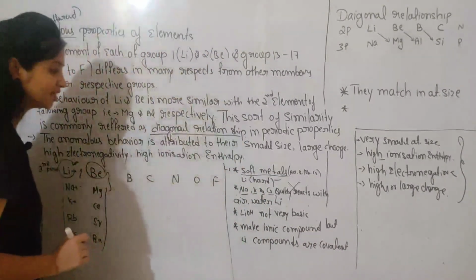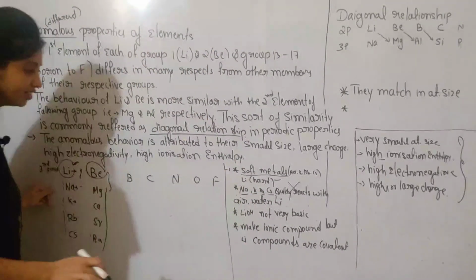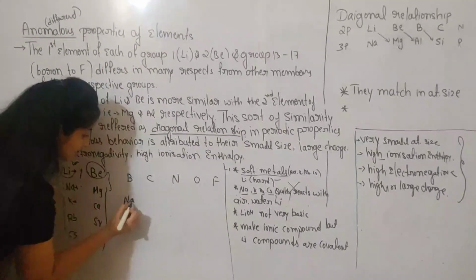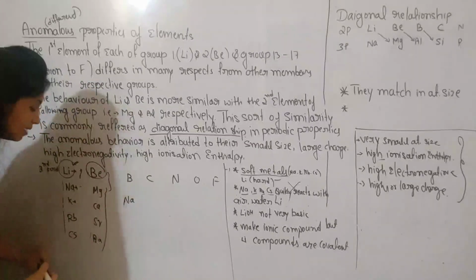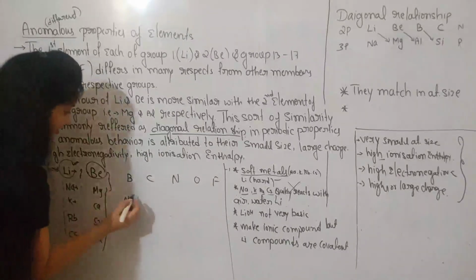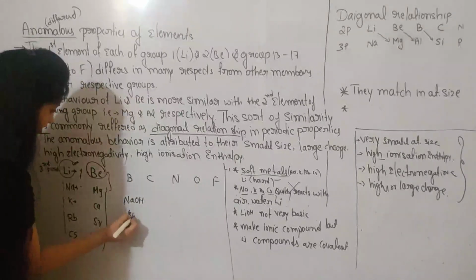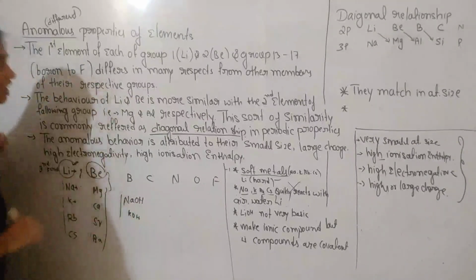And next, you already know that the first group elements like sodium, potassium, rubidium and cesium form very strong bases like NaOH and KOH.